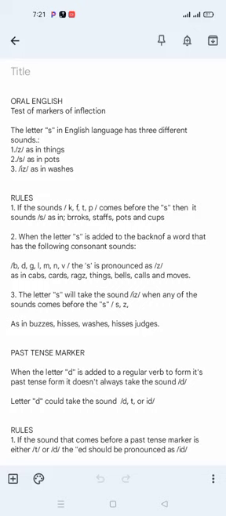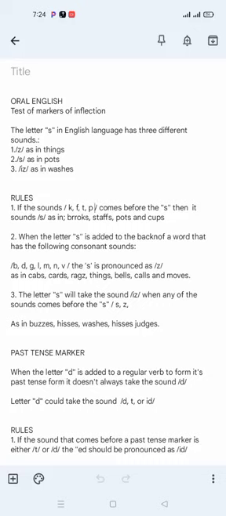So most of the time, when an inflection is added to a word, the sound is not always the same. For instance, the letter S does not always take the sound S. As a matter of fact, the letter S in English language has three different sounds.